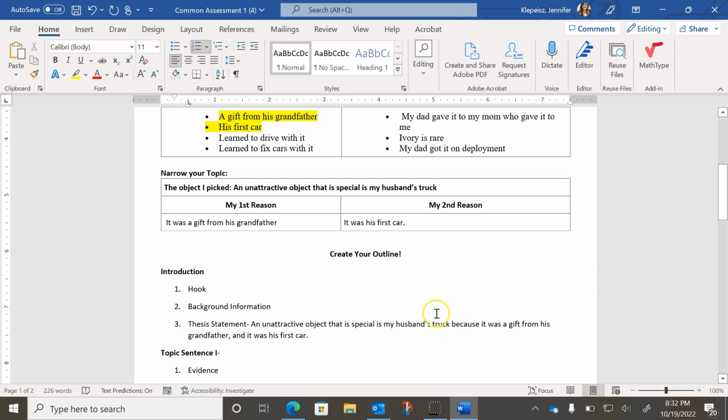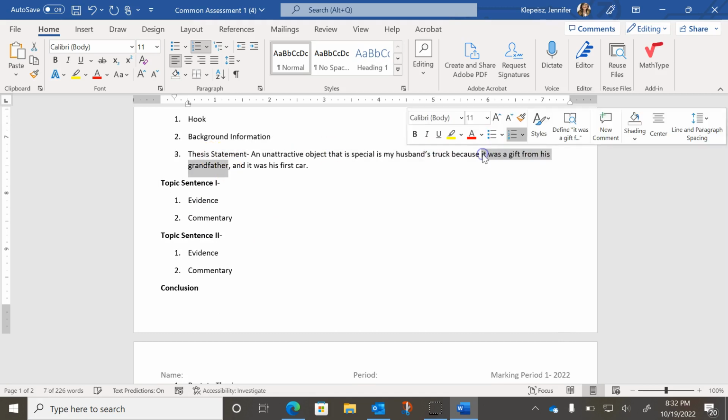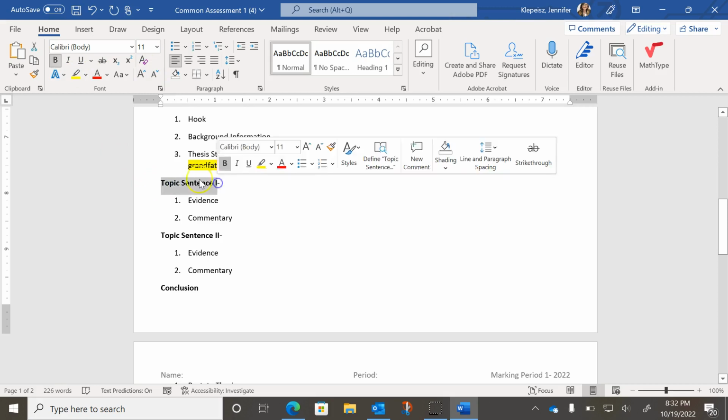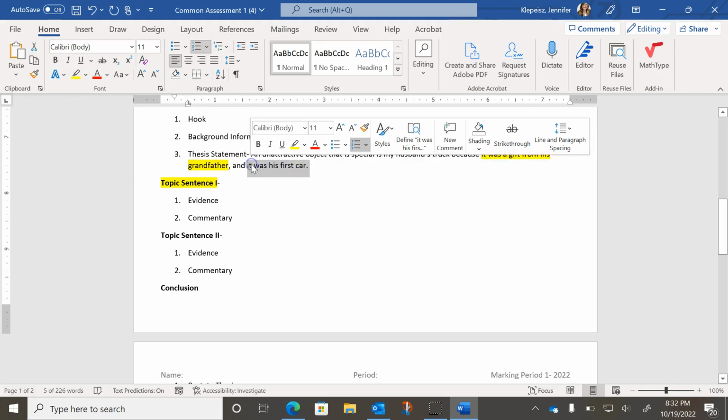So now I'm going to make my topic sentences. So my first topic sentence is going to be about my first reason. My second topic sentence is going to be about my second reason.